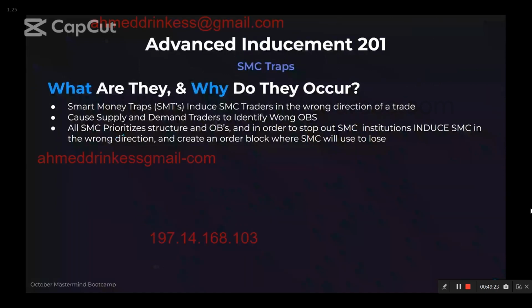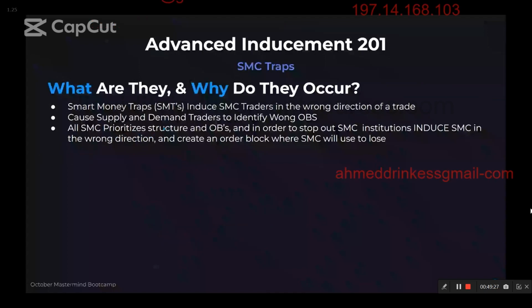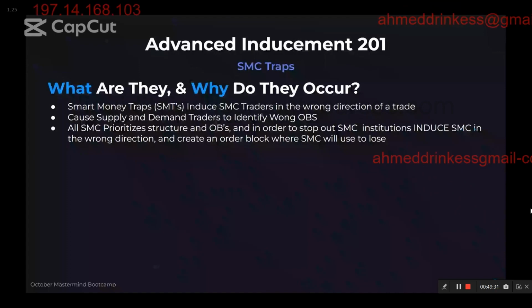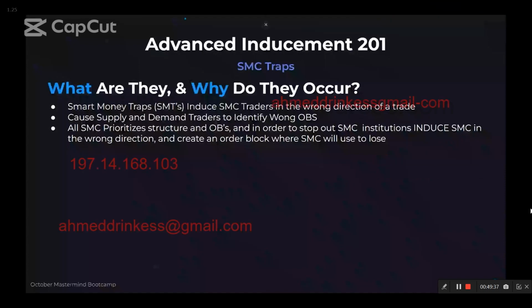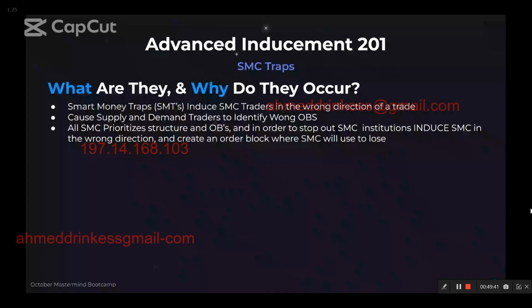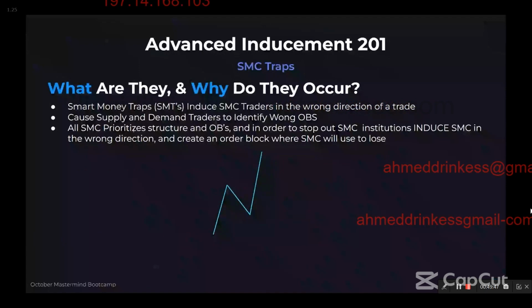So all SMC prioritizes, for the majority, is structure and order blocks. And in order to stop out SMC, institutions induce SMC traders into the wrong direction and create an order block where SMC will identify it to exactly lose. So a case in point, as you guys are going to be seeing in the next couple slides, if SMC traders are viewing this, where immediately are they looking for their order block?